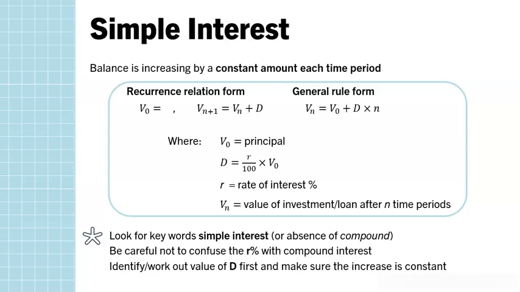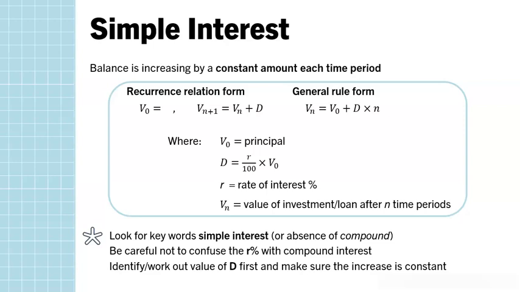When we're talking about V0, that is often referred to in a question as the principal value, the initial amount or the principal value, so looking for those keywords. When we're finding that value of D, often we are given our simple interest as a per annum rate.